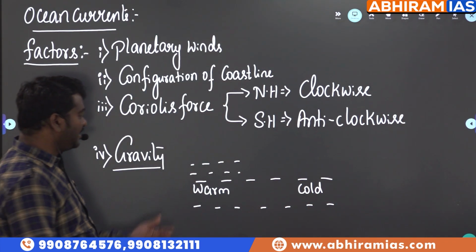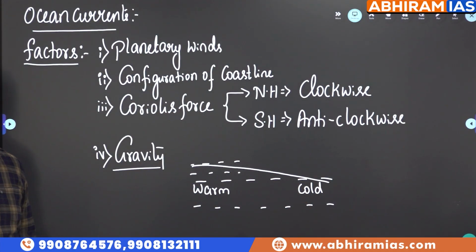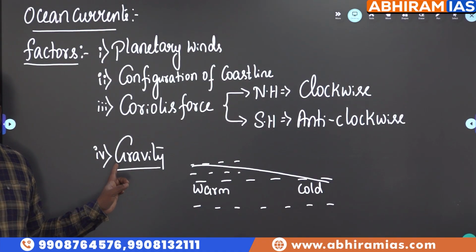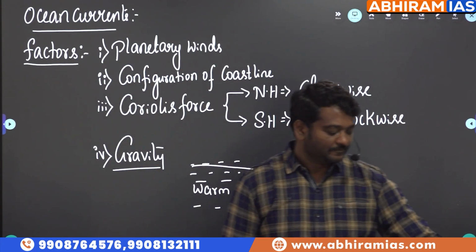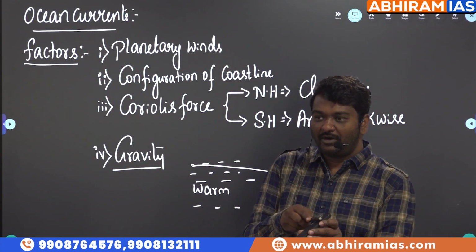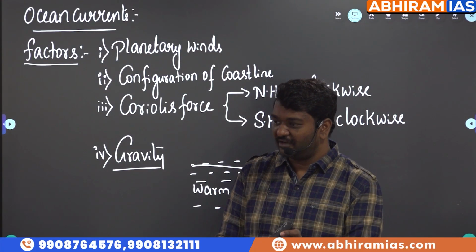If warm is high and cold is low, can we say there will be a slope? Along the slope water will come. That is called gravity. Gravity is what? Along the slope. You tell me now, if I keep a pen here, will the pen come down? Why does the pen come down? Gravity. Due to gravity it comes down.